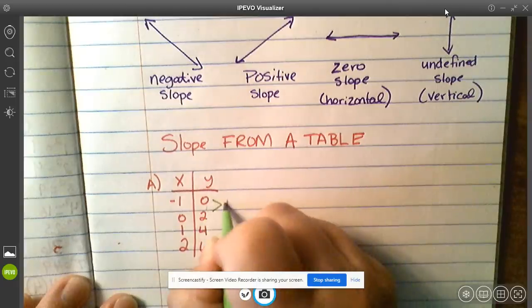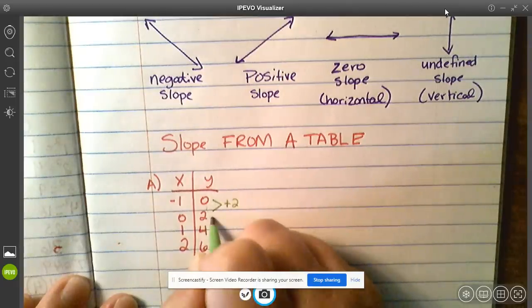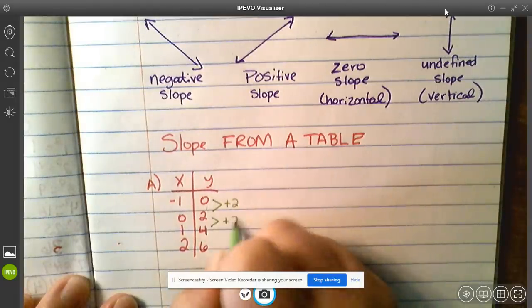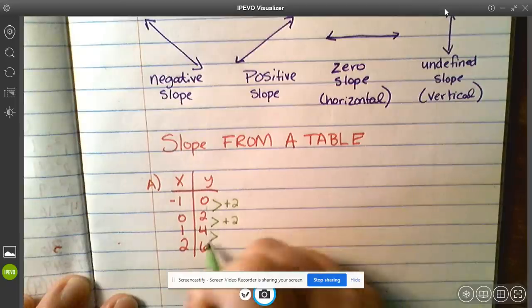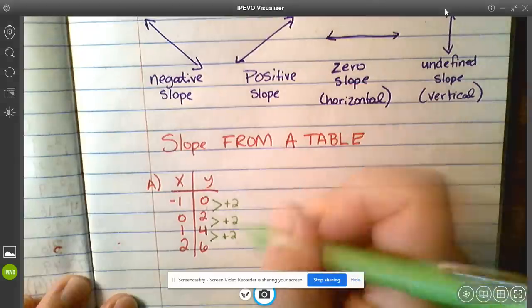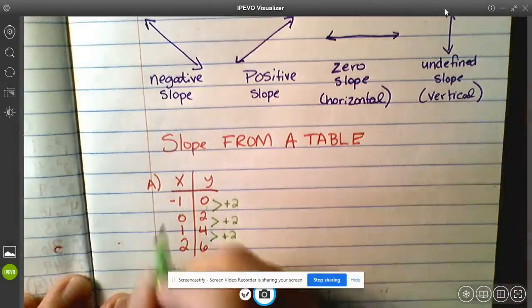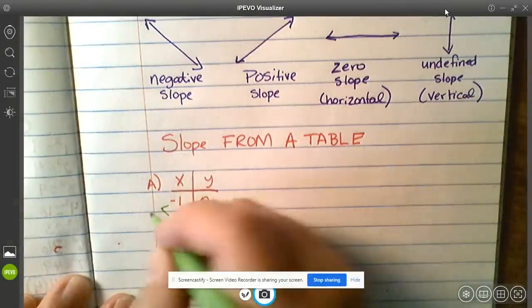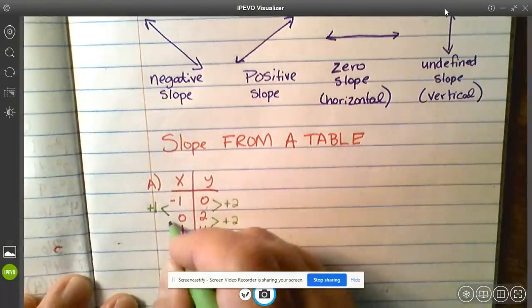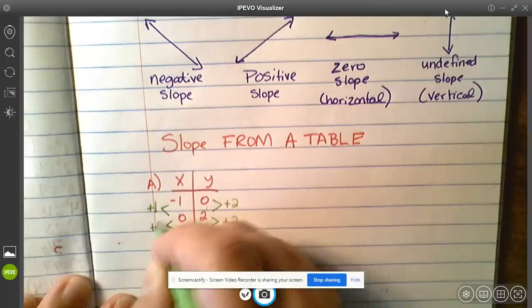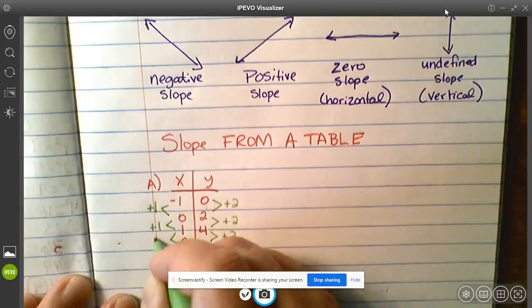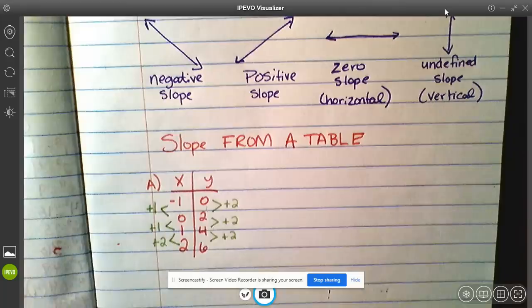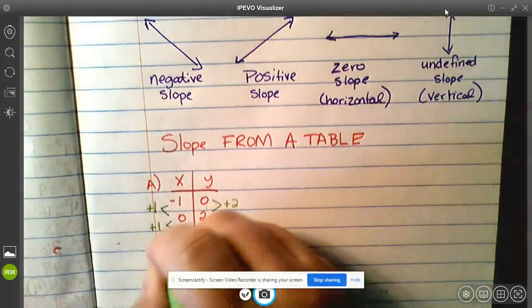We are adding 2 to go from one to the next. 2 plus 2 is 4. 4 plus 2 is 6. So we have a constant change in the y's. Let's check our x's. To go from -1 to 0, we're adding 1. From 0 to 1 is plus 1. And from 1 to 2 is plus 1 also.